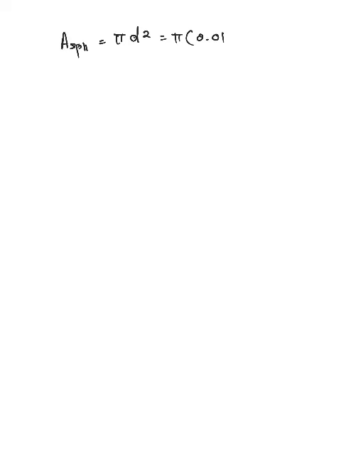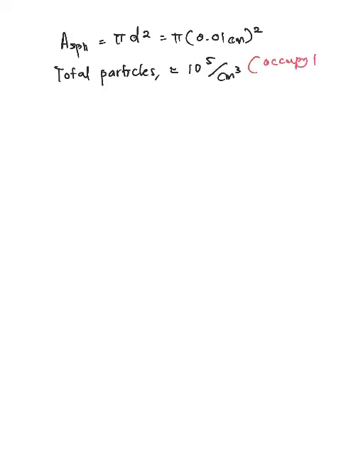Don't forget to write the unit, centimeter and power of 2. So the total particles that occupy the whole reactor is 10 power of 5 per centimeter cube. So this is the total catalyst that occupies the reactor.